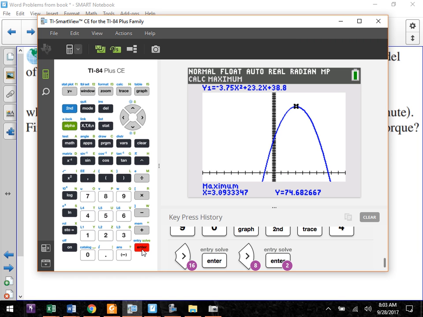That means you put it on the wrong sides. And then my y value is 74.68. So this allows me to say, let me move this in here so you can see it.